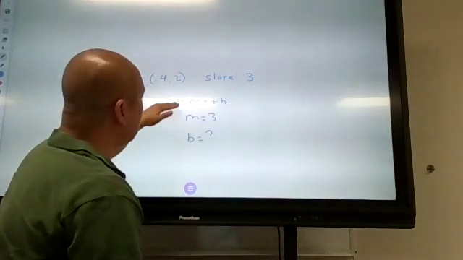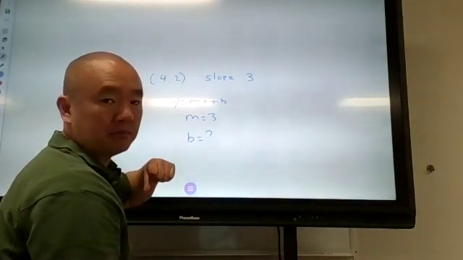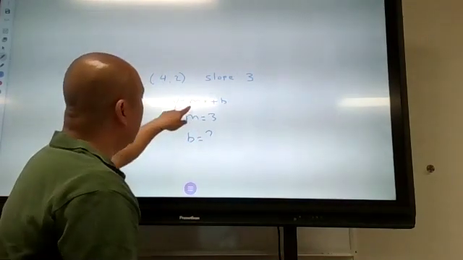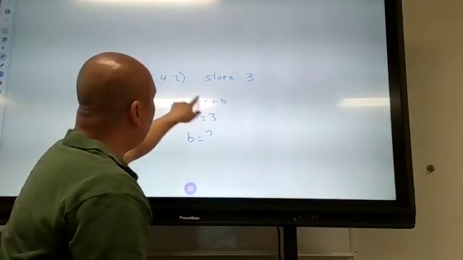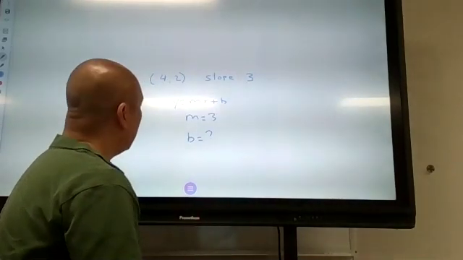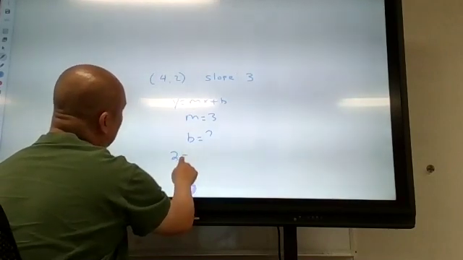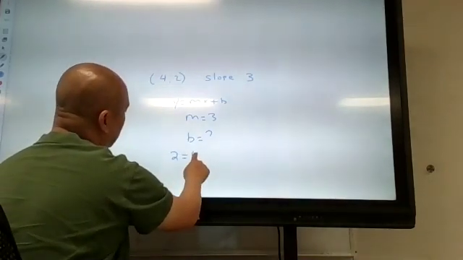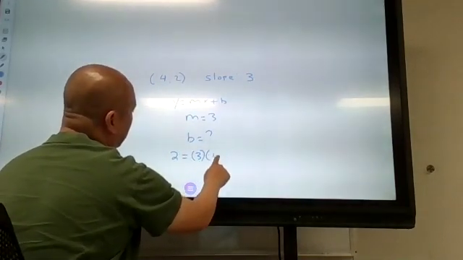Remember, in slope-intercept form, every single time you want to find the equation of a line, you have to fill in the m and the b. The x and y right now, we're using just to temporarily fill it in so we can find the b. So y is 2, equal to m, which is 3, times x, which is 4, plus b.